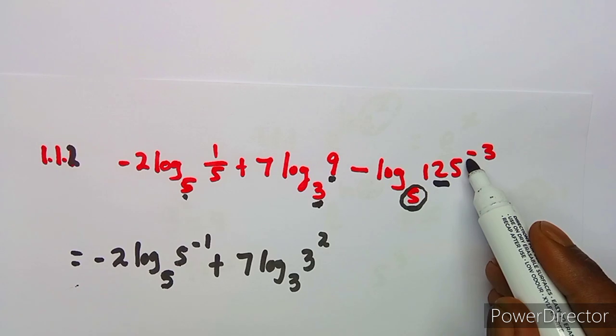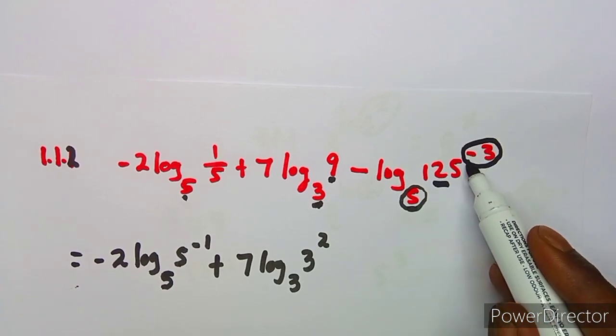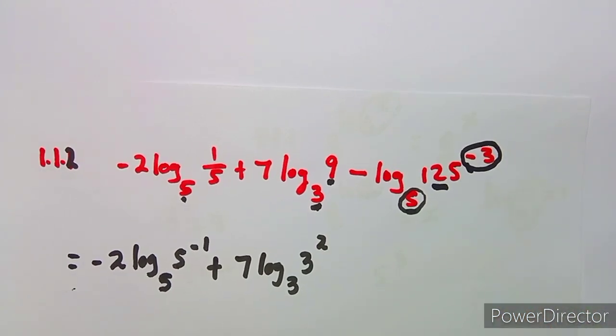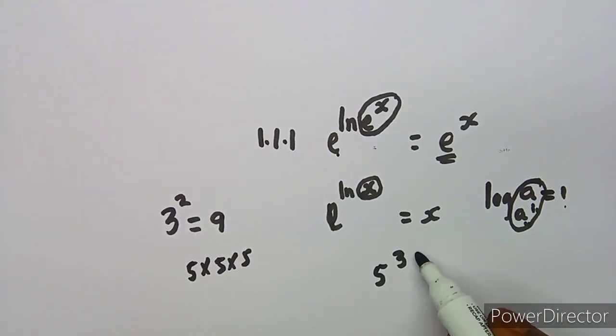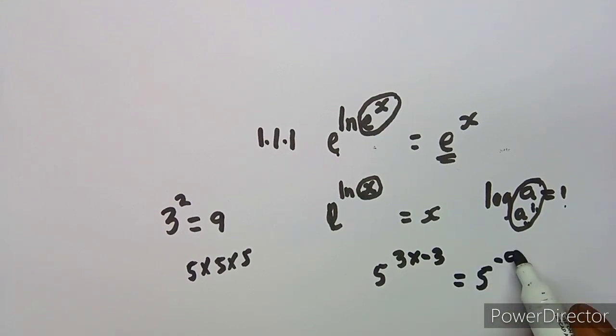But if you can see, there is already an exponent here which is minus 3. So that means we are going to multiply, because it's now an exponent and an exponent, which is going to give us 5 to the exponent of negative 9.